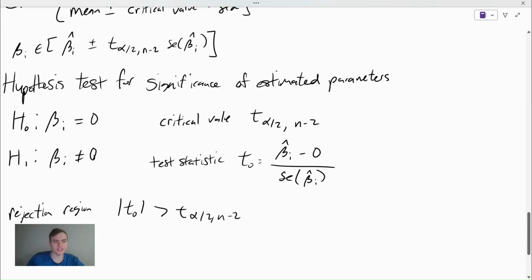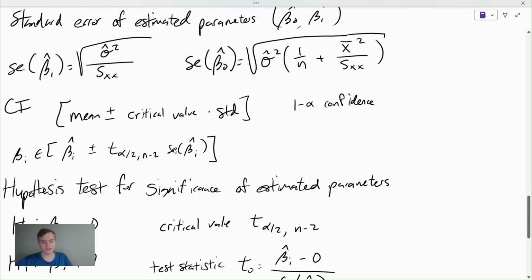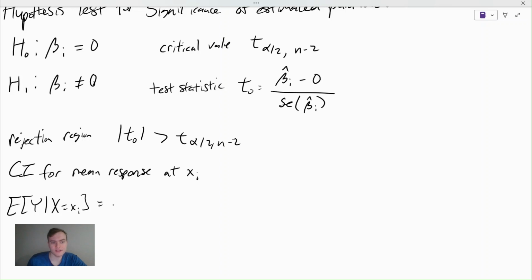A hypothesis test for the betas, a confidence interval for the betas, and last thing we are going to talk about is a confidence interval for the y's. So first we'll talk about the confidence interval for the mean response at xi, and before we said that point estimate was expected value of y given x equals xi. We gave that the notation y hat I, right?